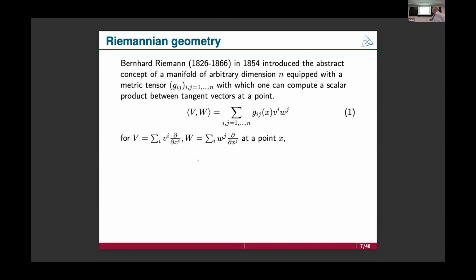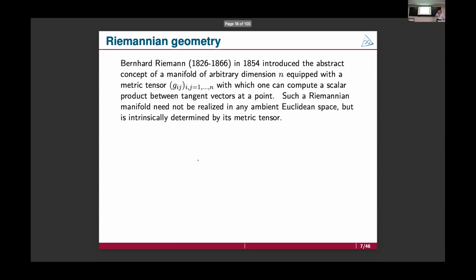We have the concept of a Riemannian manifold already in the middle of the 19th century. So that means we have a manifold, and this is equipped with a metric tensor, which allows us to measure angles and distances by having scalar products at each point. Of course, the important idea was that such a Riemannian manifold need not be realized in any ambient Euclidean space.